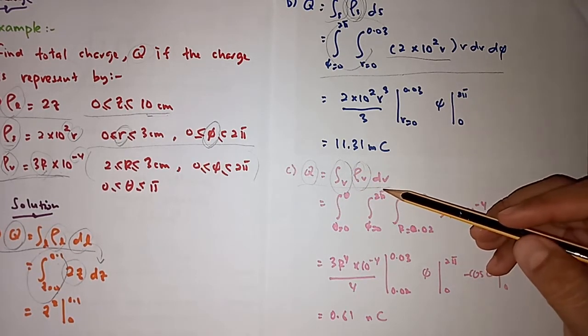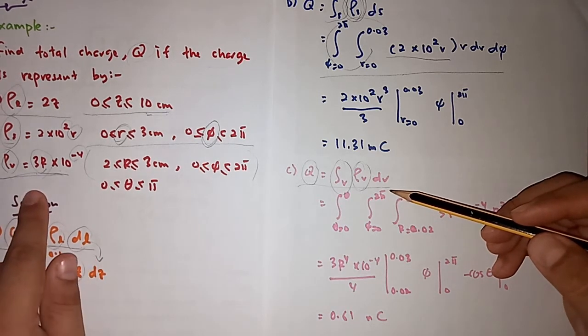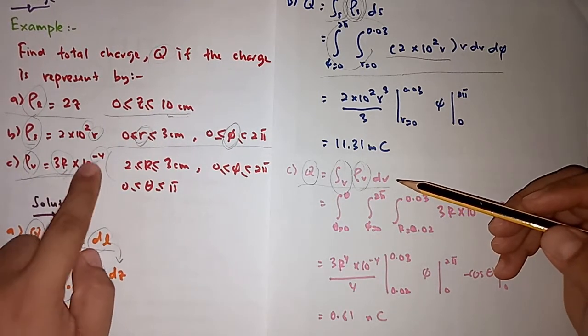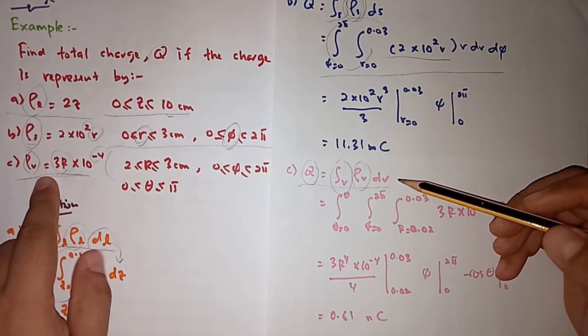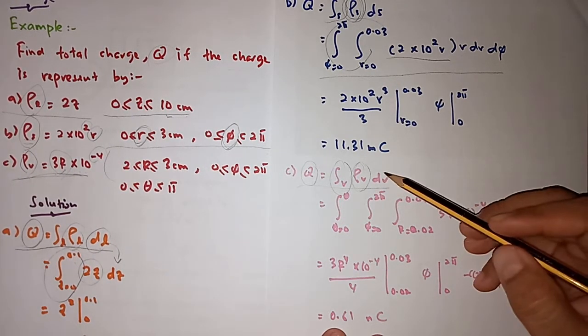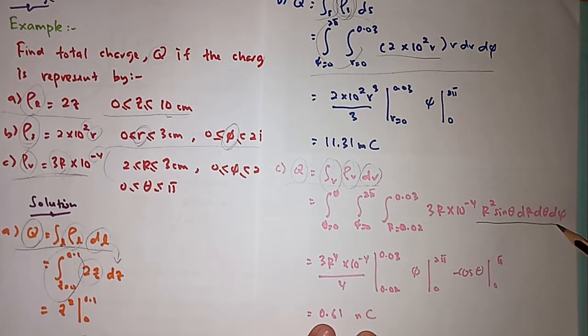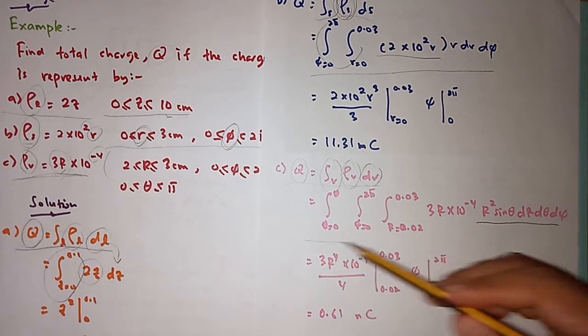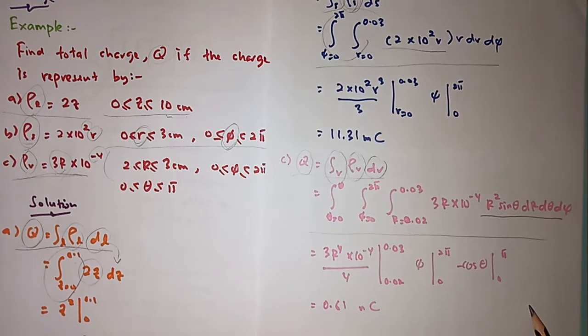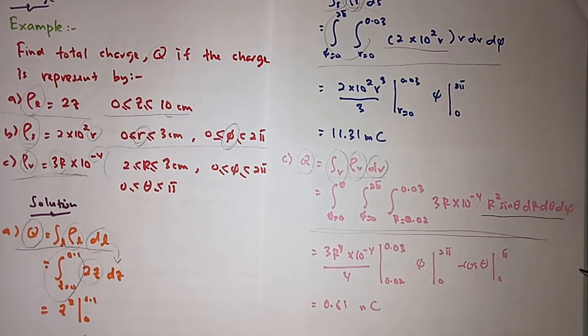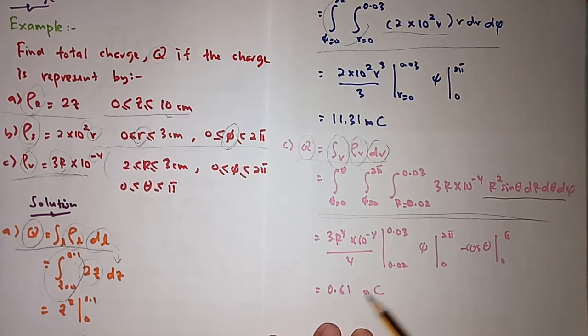Since the shape of this charge density is spherical, we can replace the dv with the equation that represents the volume integration in a spherical coordinate system. By solving this equation, we will have the total charge equal to 0.61 nanocoulomb.